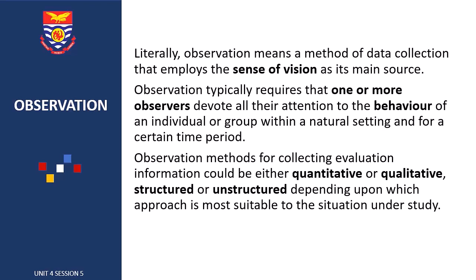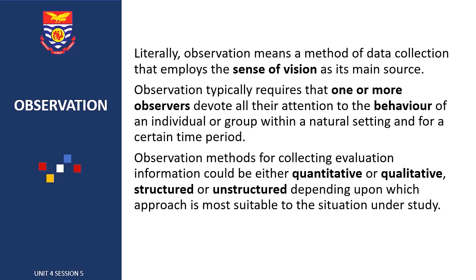But for the unstructured and the qualitative evaluation, on the other hand, the observation is done qualitatively or in the unstructured way. That is, there is less dependence on a formatted questionnaire, checklist, and observation guide or tally.